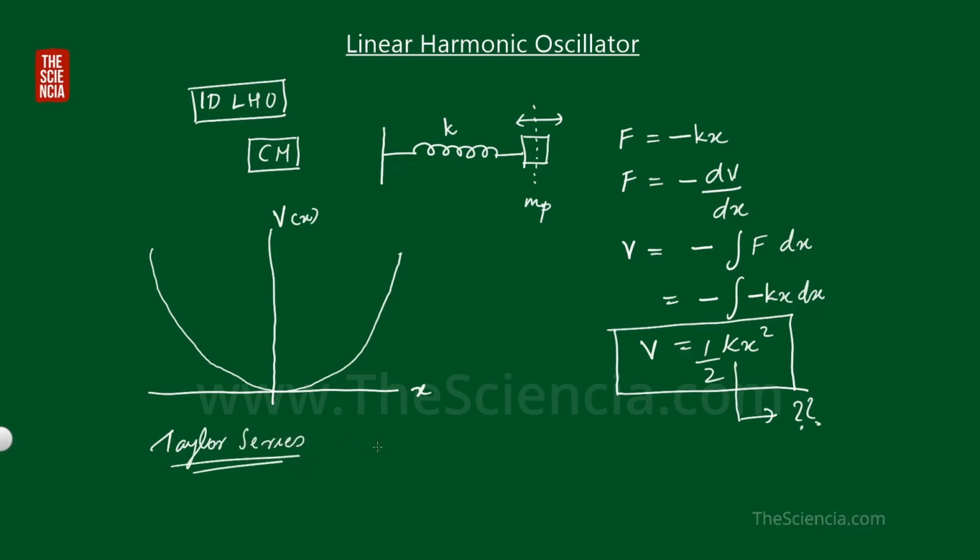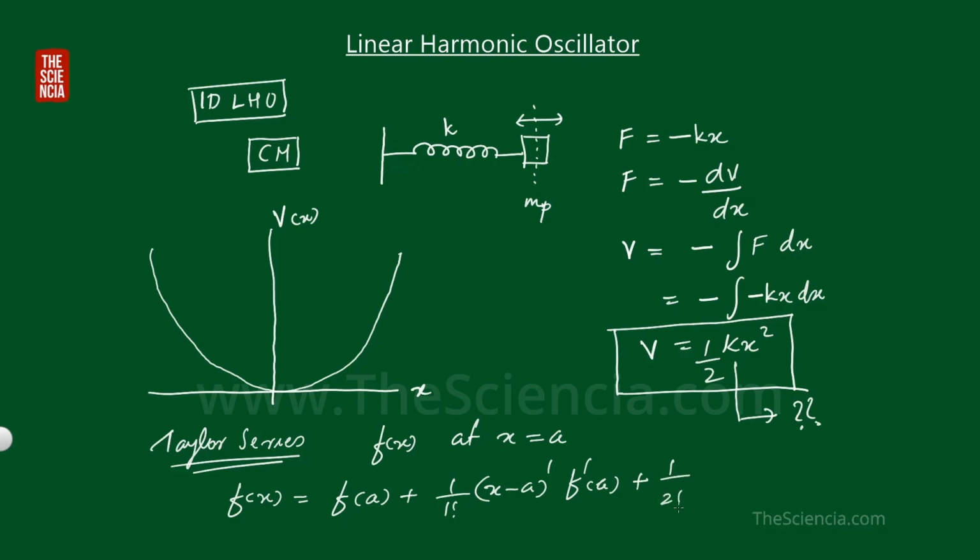That is, if there is a function f of x, then we can expand this function at some point x equal to a. Then the expansion will be f of x is equal to f of a plus 1 by 1 factorial into x minus a raised to 1 f dash of a plus 1 by 2 factorial into x minus a whole square f double dash of a plus etc. So here I am going to expand this potential function, that is V of x, at x equal to a.